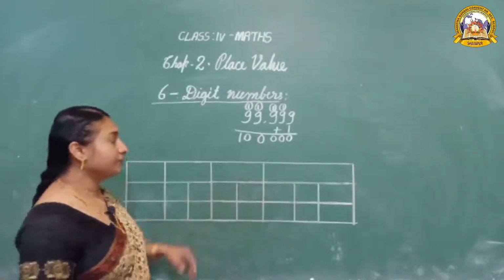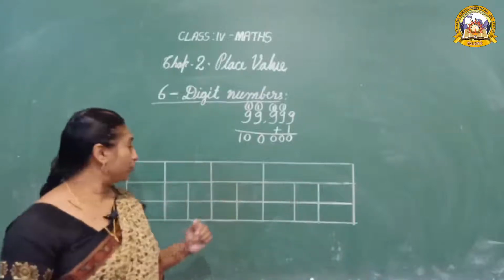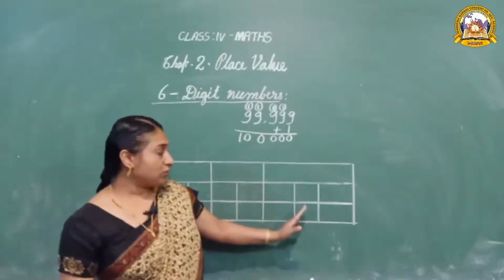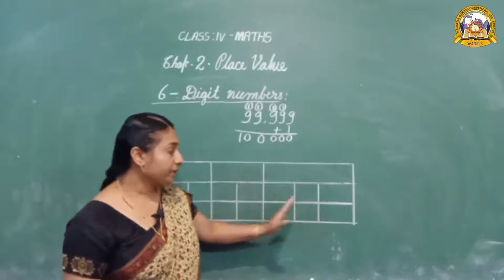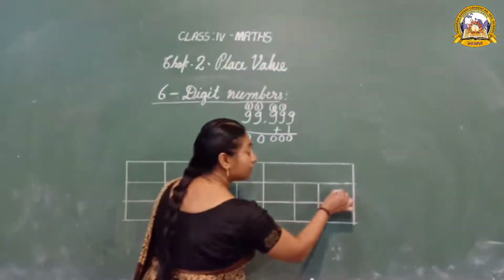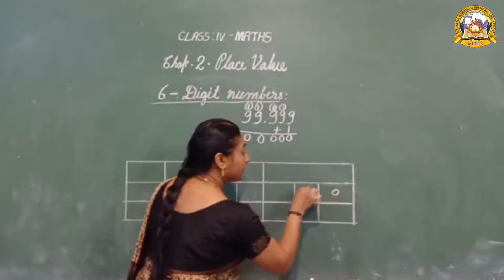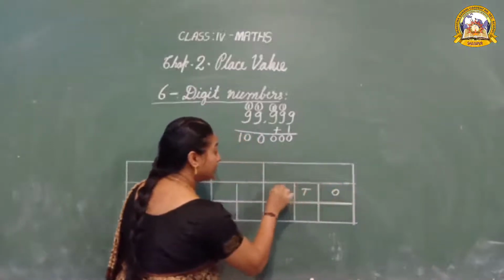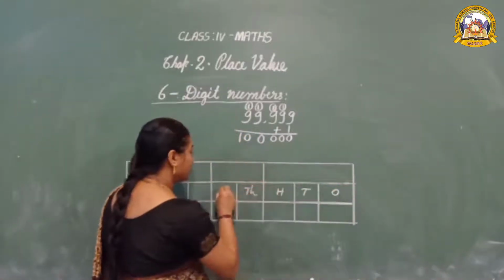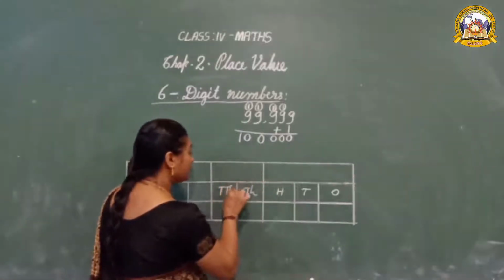Are you ready? As you know, in our place value chart, we start from the right side. Ones, tens, hundreds, thousands, 10,000.